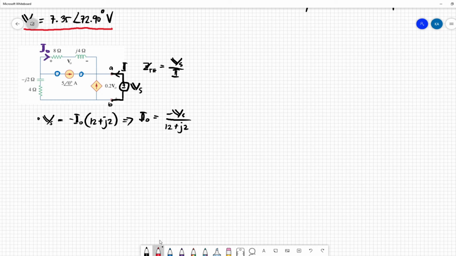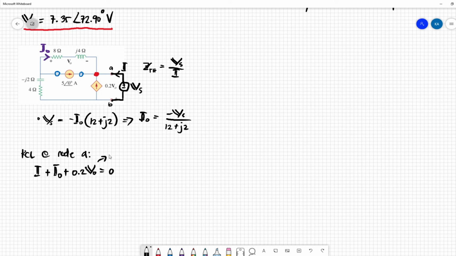Now applying KCL at node A, we have I plus IO plus 0.2 VO equal to 0, where VO by Ohm's law is equivalent to IO times this impedance 8 plus j4.